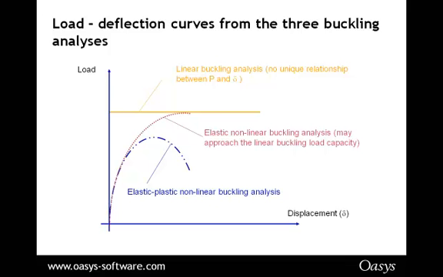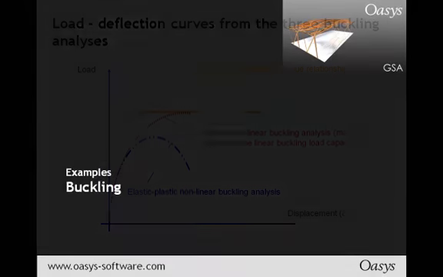And if you've got plastic material values taken into account, then the buckling load will actually be quite a bit less than the elastic linear and nonlinear buckling calculations. So, let's see this in action.